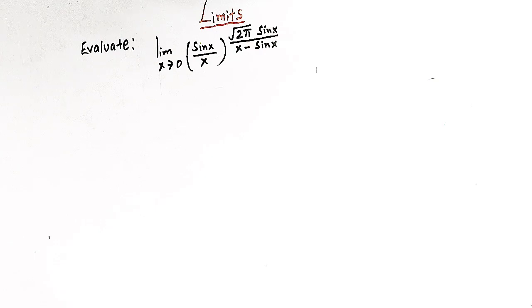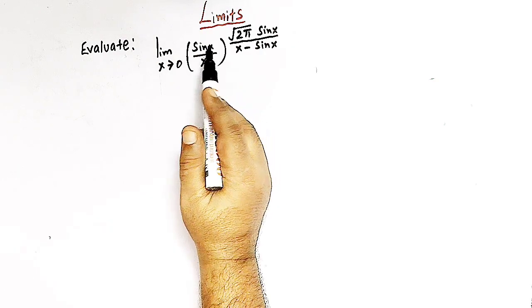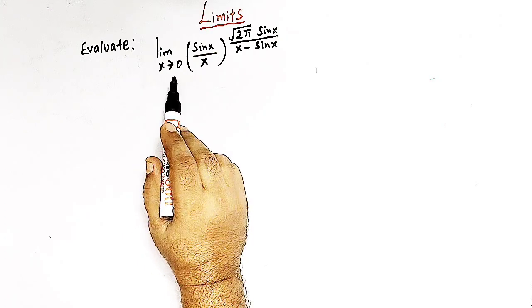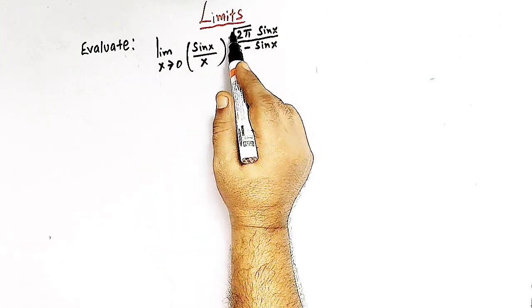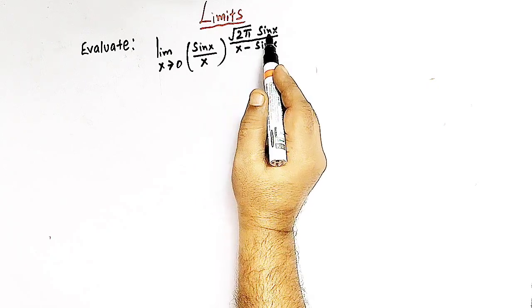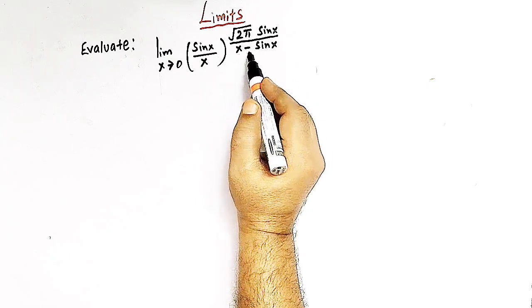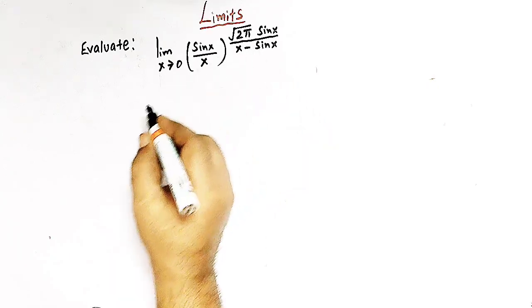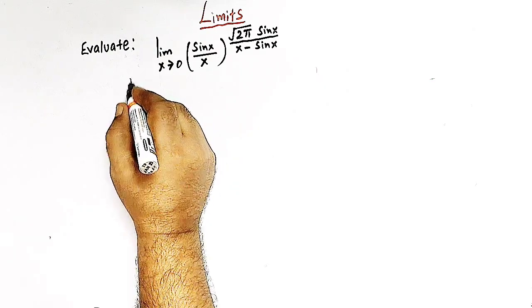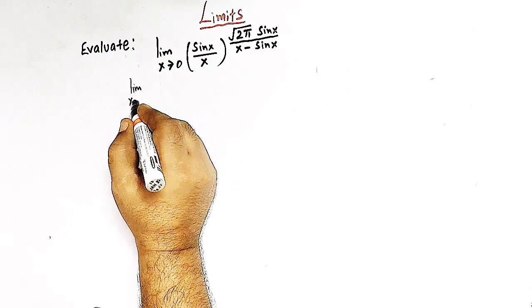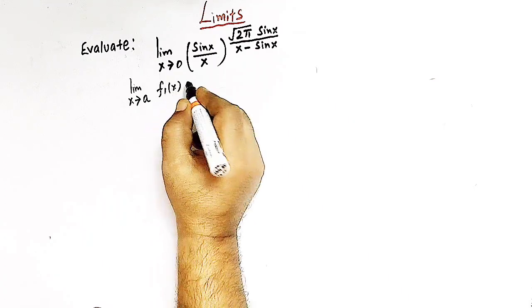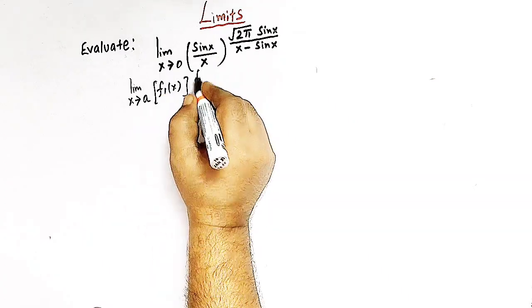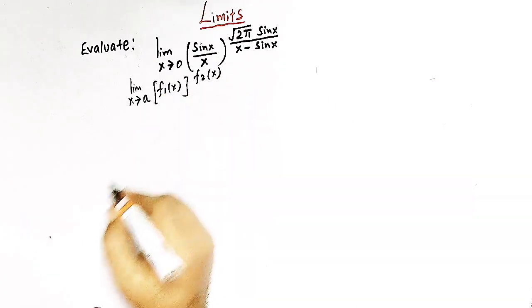So now let us consider one more example, and here we have to evaluate this limit x tends to 0 of (sin x over x) raised to the power square root of 2 pi sin x divided by (x minus sin x). So here again this limit is of this form, that is limit x tends to a of f1(x) raised to f2(x), right?